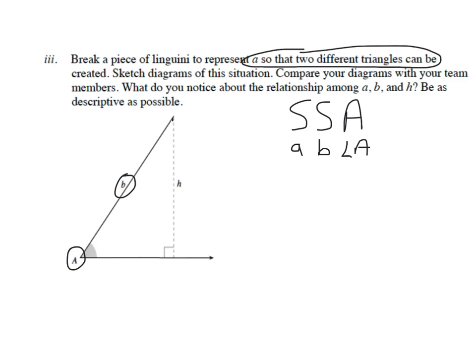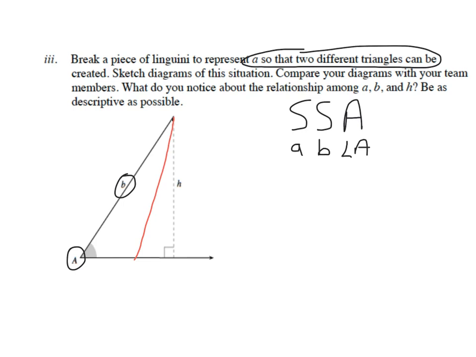Let's go red, so that two triangles where A is the same length are created. There's this A and there's this A.